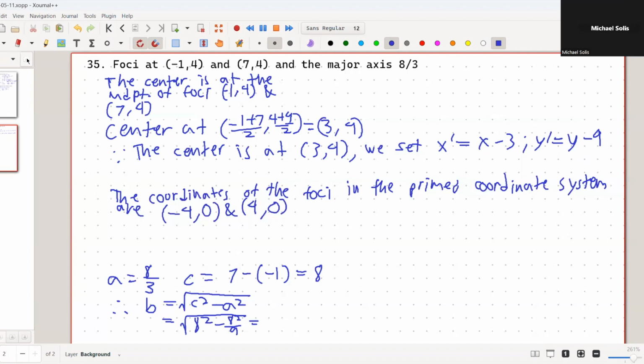Kasi pag ganon, klaro yung nagiging sequence ng statements. Kaya yung suggestion dyan center at negative 3, 4, dapat may space ka after that. Kasi new statement, yung the center is at 3, 4, and then we set x prime equals x minus 3, y prime is equal to y minus 4.